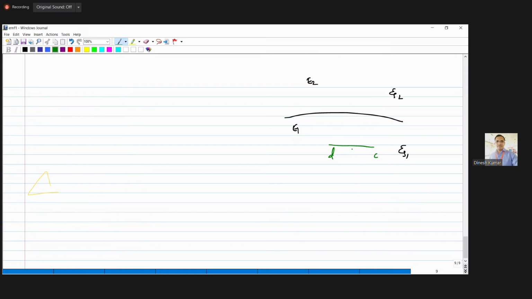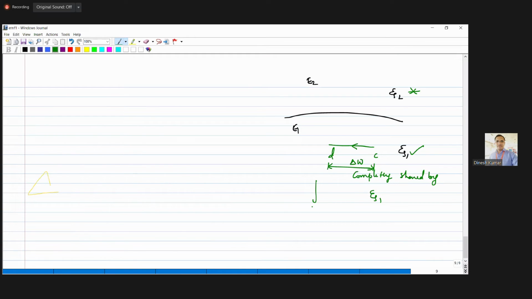This is CD, and its direction is like this. See here, this CD is completely shaded by which medium? Epsilon 1 medium only. So here the role of epsilon 2 is 0 on this conductor CD. The width of this conductor CD is delta W.